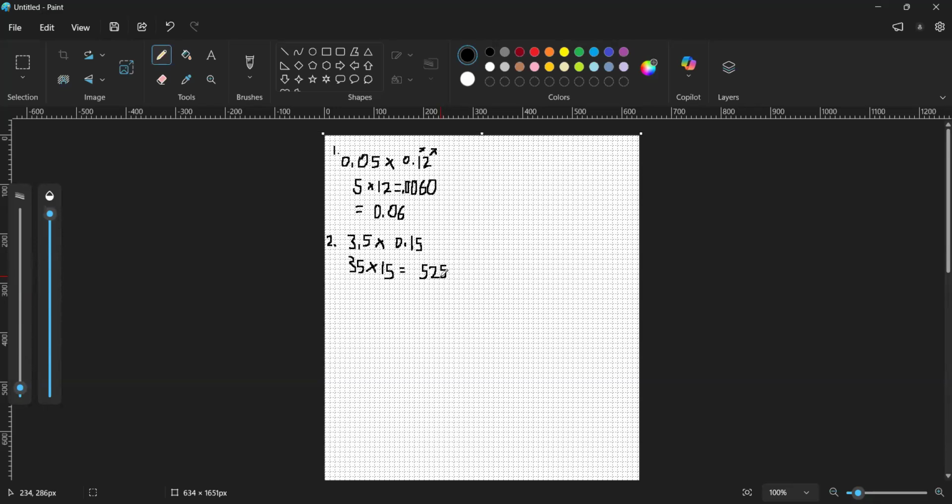How many decimal places are there in 0.15? Now, please take note. There's what? Two. There's two. Good. So take notes. Go ahead. 3.5. So that would make the current answer 5.25. And then on 3.5, there's one decimal jump, which would make it 0.525.